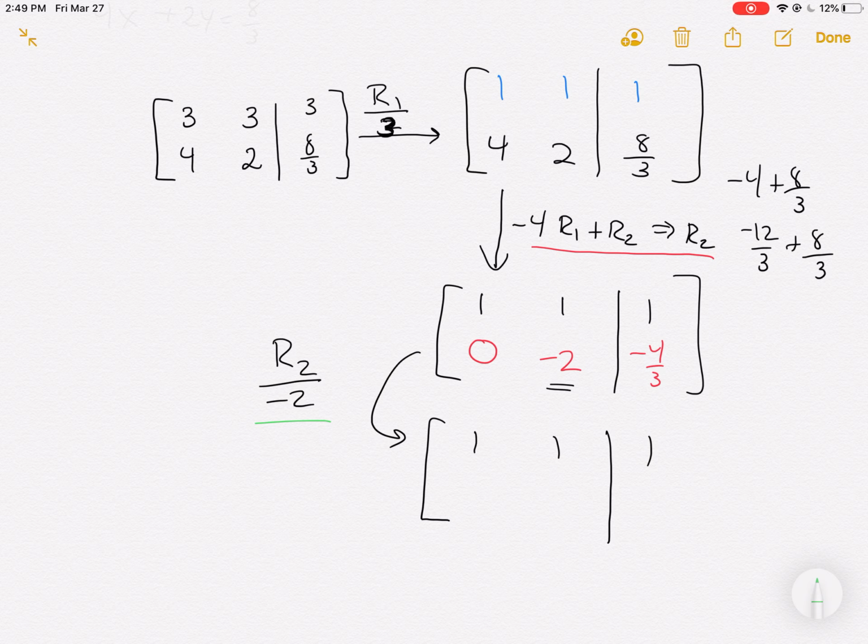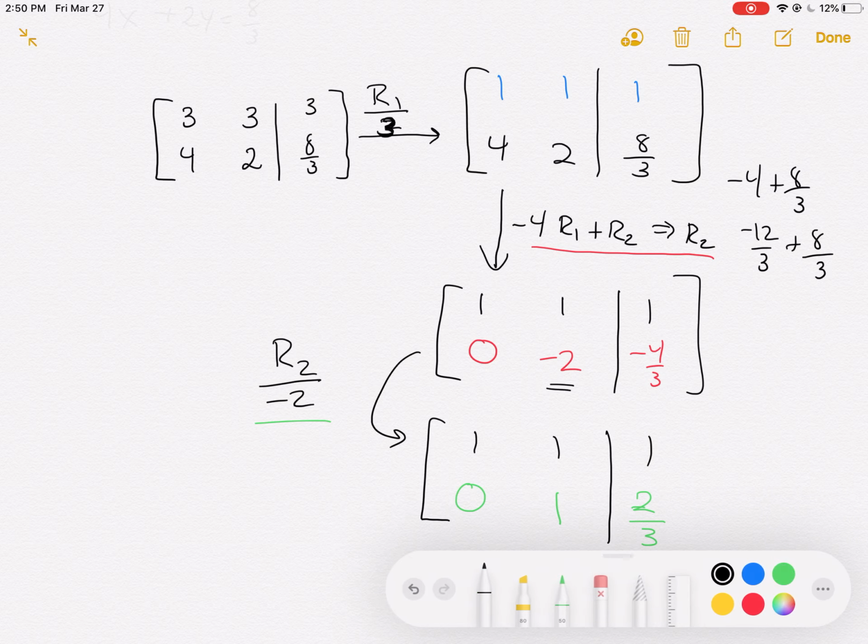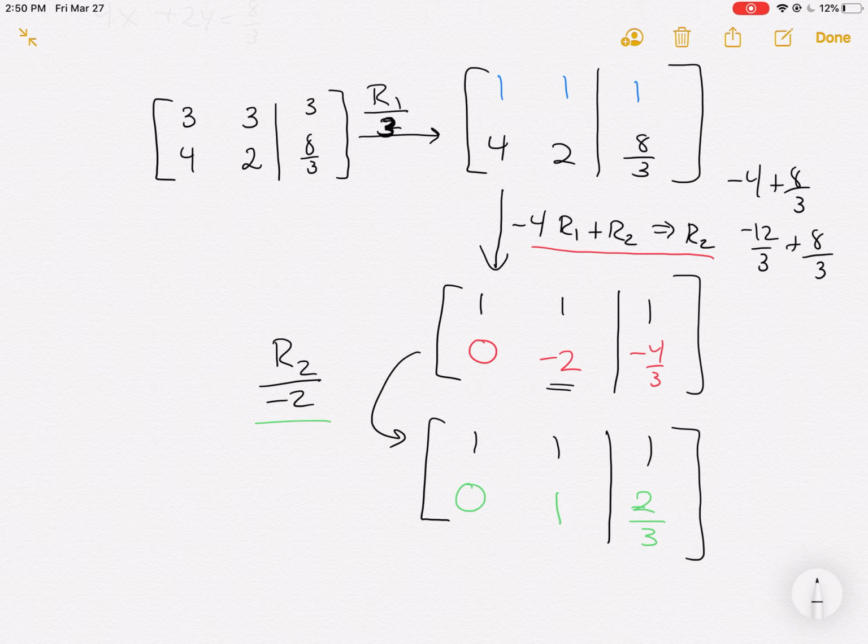So row 2 divided by -2: 0 divided by -2 is 0. -2 divided by -2 is 1. -4/3 divided by -2 is actually +2/3 coming out of there. And so that is in row echelon form.